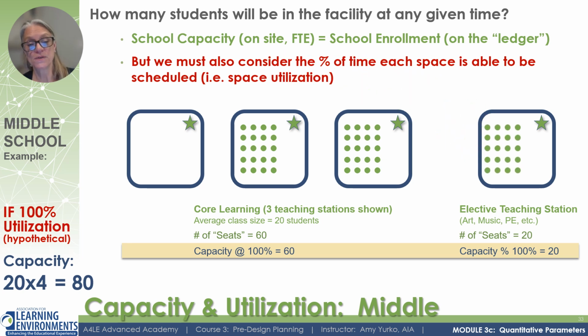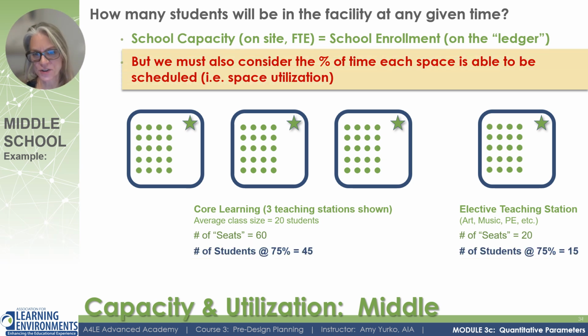Well, another group of students may occupy that English room the first group just left. Hypothetically, if we were talking about using every room 100% of the time, then our capacity would be calculated like 20 chairs in English, 20 chairs in social studies, 20 chairs in math, and 20 chairs in art. There would be 80 chairs shown in these 4 teaching stations.